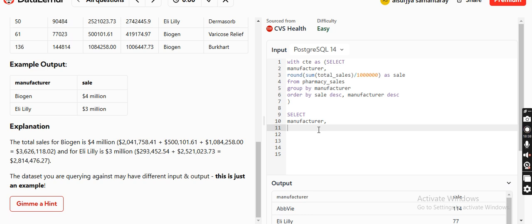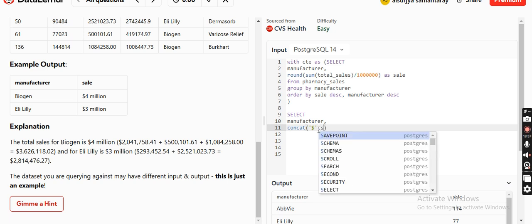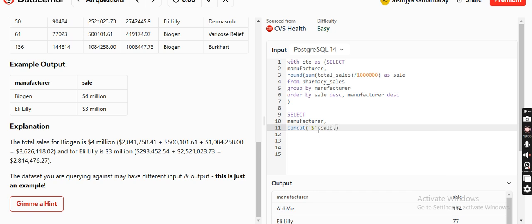So you can remember there is a function over here when we come across this type of queries, so that is concatenation. That's simply known as concat. So let's do that with dollar, comma, sale, comma, space, comma, million.